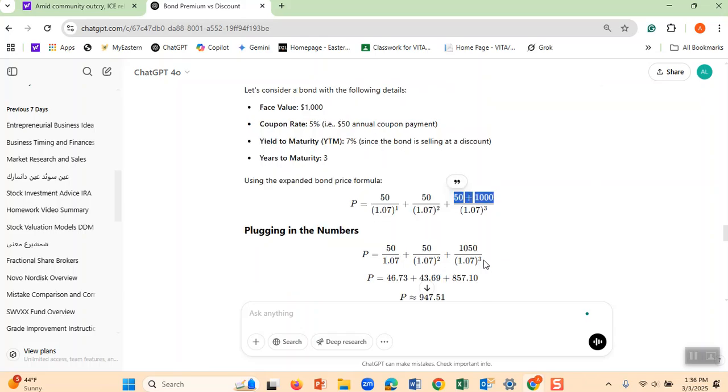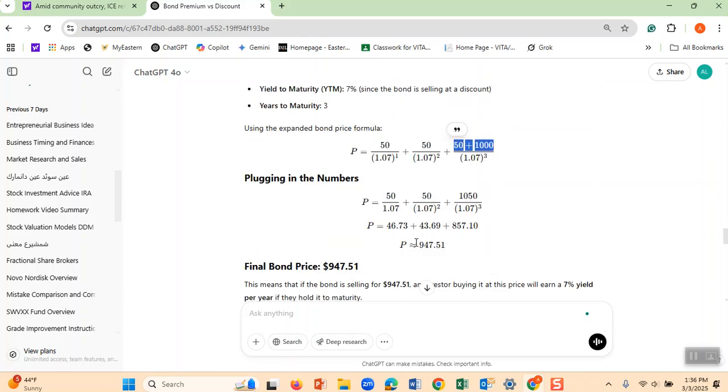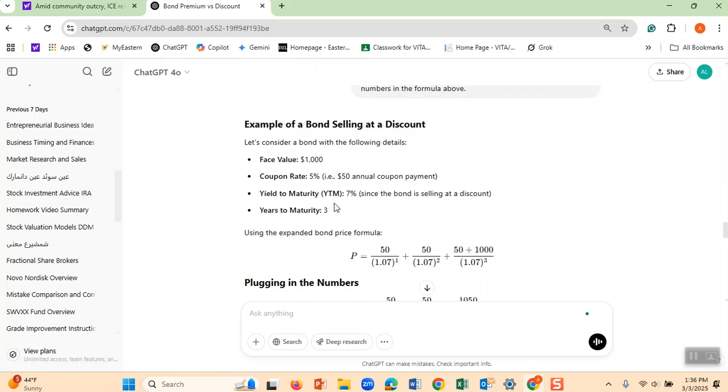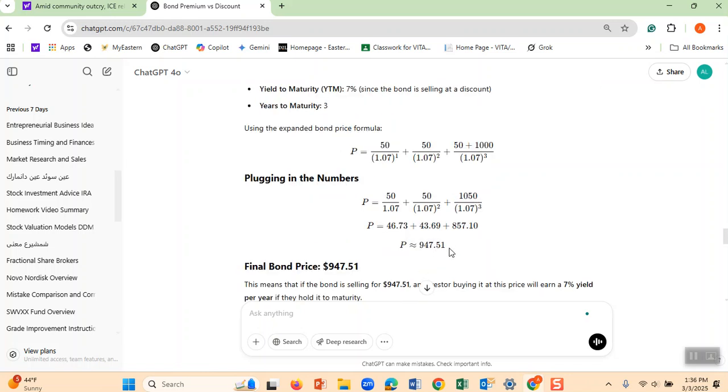Then Donald Trump comes with another argument. After this calculation, he says, okay, since the bank is going to give you more interest, which is 7%, now you don't need to give me $1,000. You only give me how much? $947.